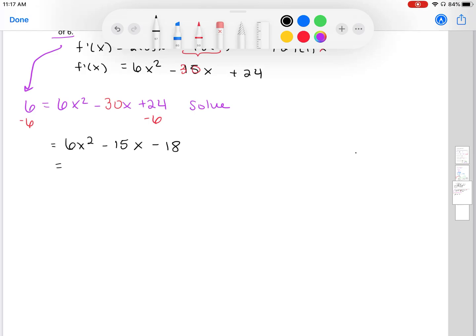We can factor out a 6. So we're left with x squared minus 5x minus 3. And we see that we can factor this. There's no such terms that multiply give you 3 and add to give you negative 5. So it's not factorable. If I wish to solve for 0, I need to go ahead and use the quadratic formula.